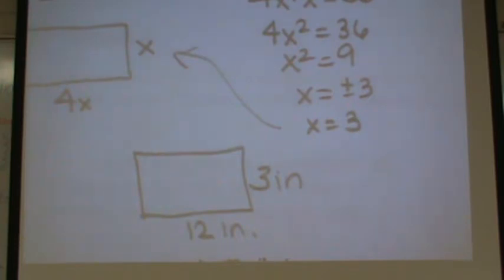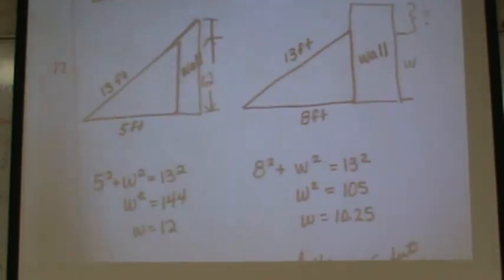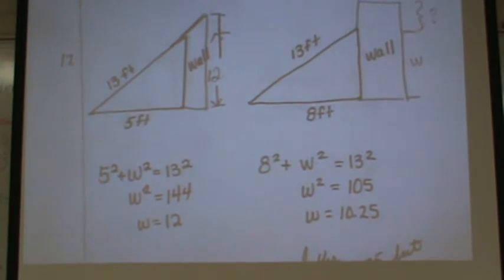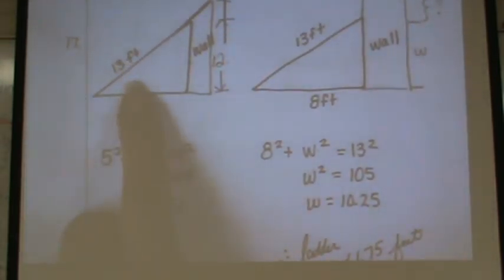Here is number 17. There's a picture of 17. It says a 13-foot ladder, here's your 13-foot ladder, is leaning against the wall. The bottom of the ladder is 5 feet from the bottom.